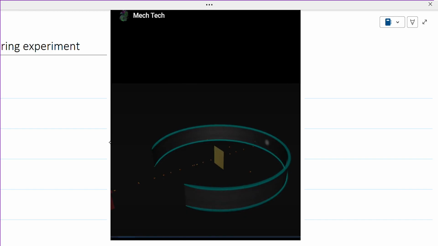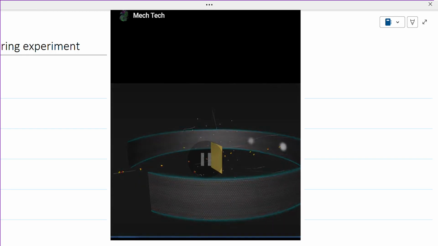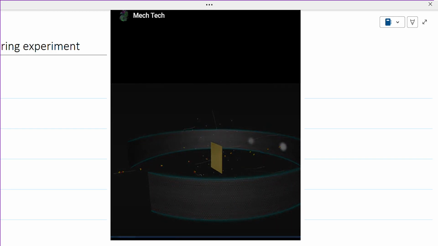After hitting, you can see the bright spots. Here is a screen made up of zinc sulfide, so this is called a fluorescent screen. We'll discuss it as well. Wherever the particles hit the screen, there will be bright spots.